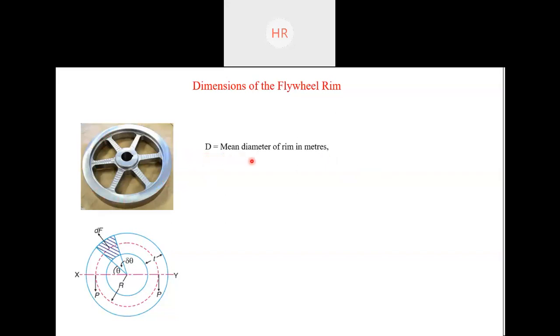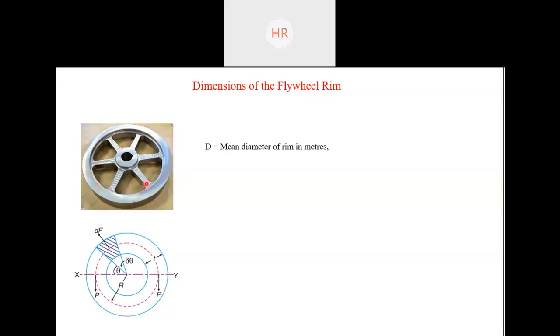Capital D is the mean diameter of rim in meters. You can see in this picture we are having the rim. We have already discussed in previous lecture that the majority of mass is available in the flywheel rim.